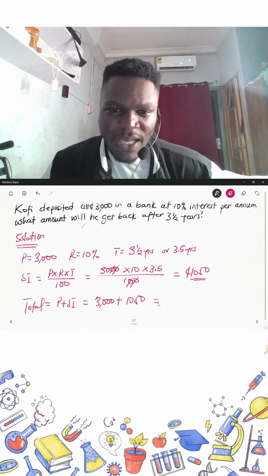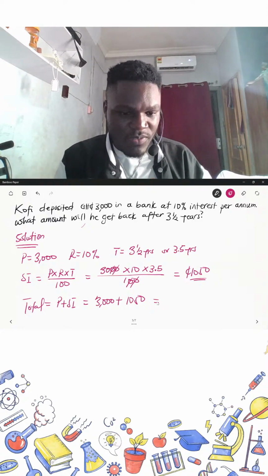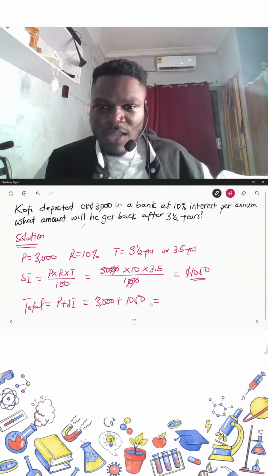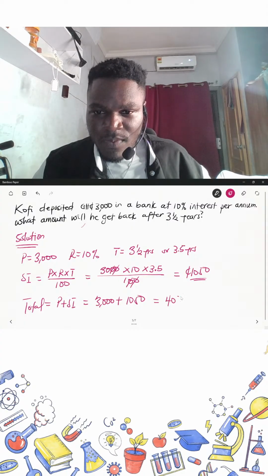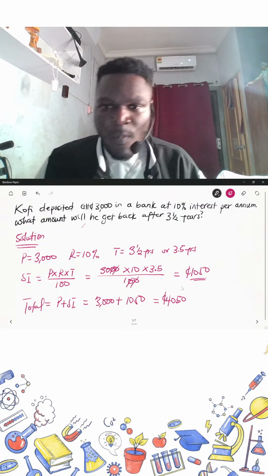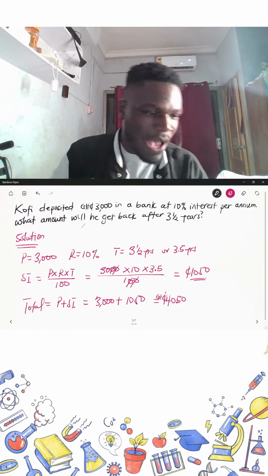Are we okay? And that will be equal to 4,050 Ghana cedis. So it's GHC, Ghana cedis, as our answer.